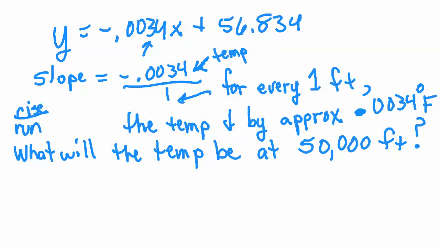But if you go to like 100,000, that's not within our range. Our line might do something like this. It might just go like this and all of a sudden drop. But we only looked at it from here to here. So predicting something way out here is not good. We can't really do that.